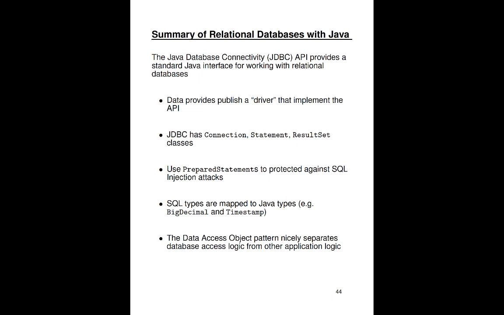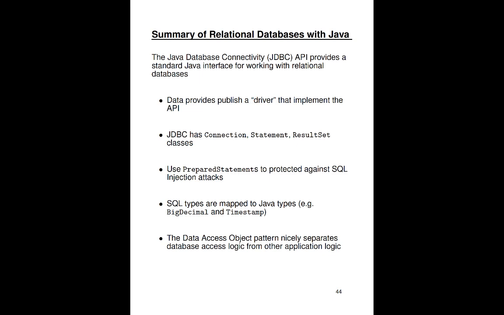A key aspect of JDBC is the driver, which is Java code that provides a bridge between the standard JDBC API and whatever mechanisms an individual database vendor uses to access their database. There are some foundational classes in JDBC that you should know about: the Connection class that represents the connection to the database, a Statement for executing a SQL statement, and then a ResultSet, which is what you get back from a query.